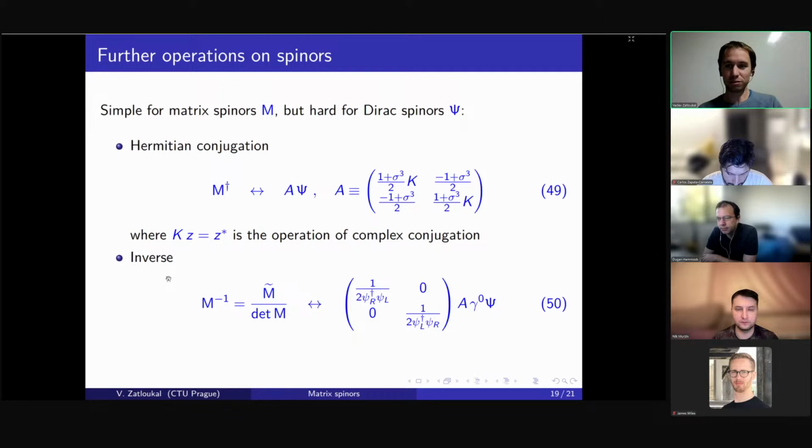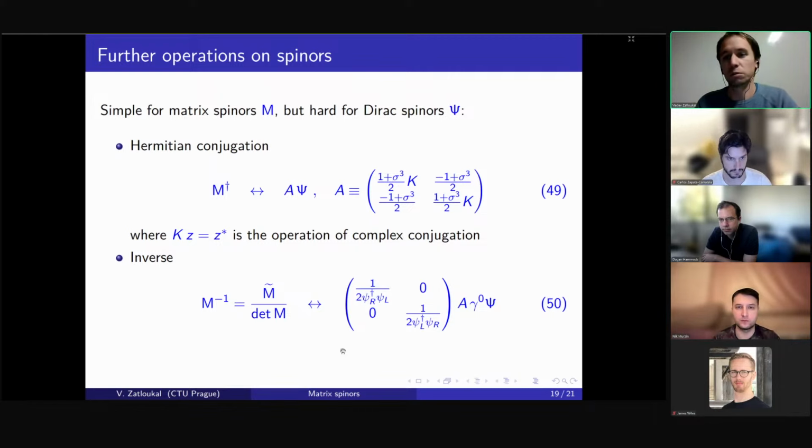If you take an inverse, which is often quite handy to have when you manipulate equations, this is even more complicated, or at least this is what comes out when you directly apply the rules for how reversion and the determinant of m are represented in terms of Dirac spinors. I don't know if this can be simplified in any way, but those operations on the right would be very hard to envisage for Dirac spinors.